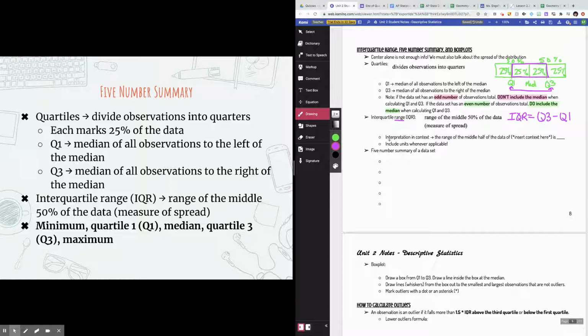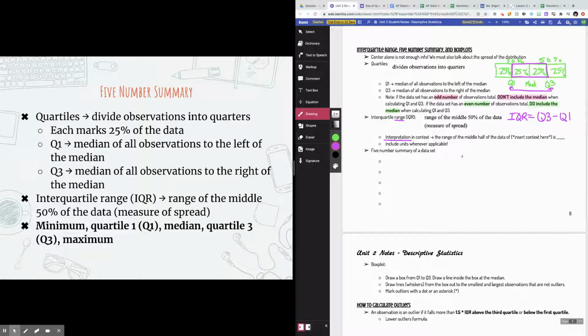Okay, so sometimes you will be asked to interpret the IQR in the context of the problem. Remember, when you're interpreting something in statistics, most of the time you are just taking the definition of that thing and then adding context to it.